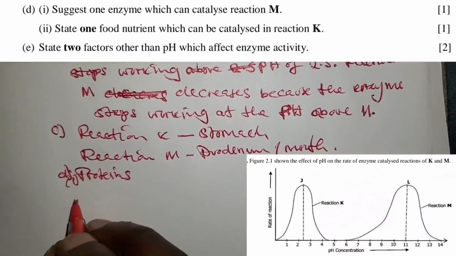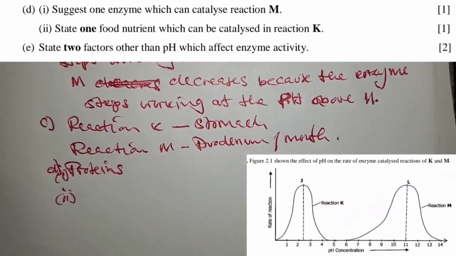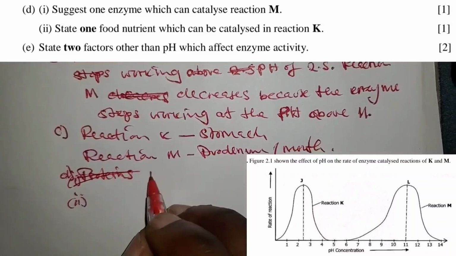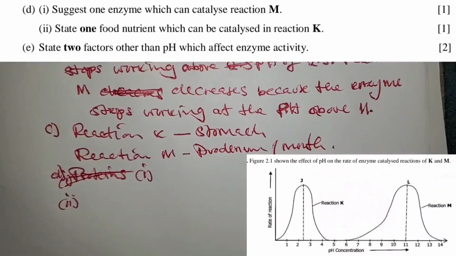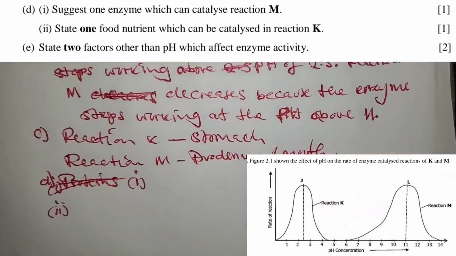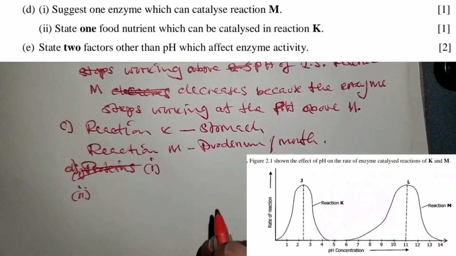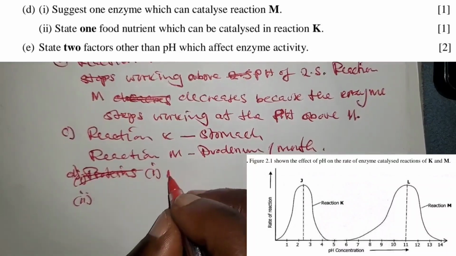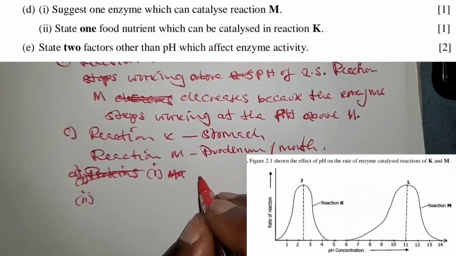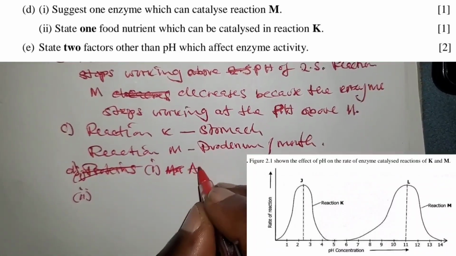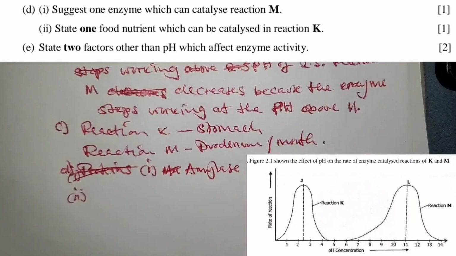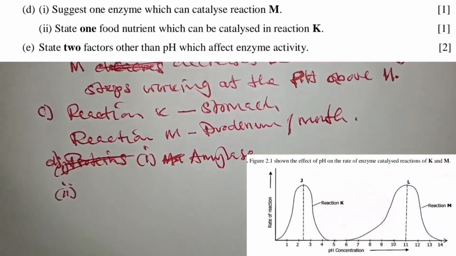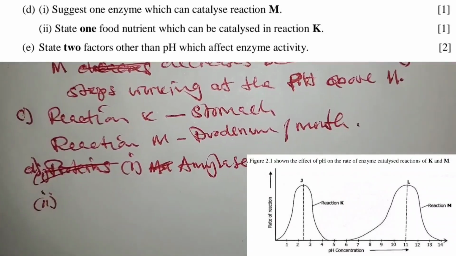D1 is saying, suggest one enzyme which can catalyze reaction M. You can say maltose or amylase, because amylase works best in alkaline condition, usually in the mouth.